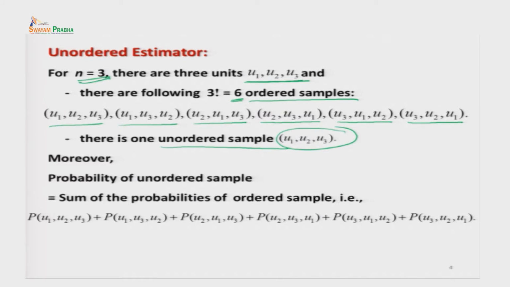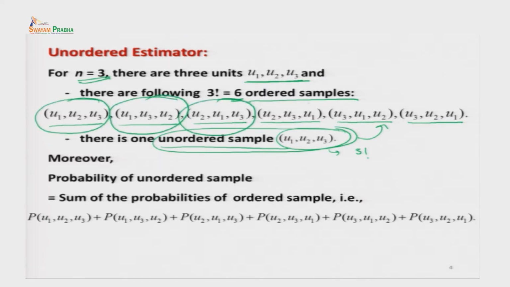So now you can see here that corresponding to one unordered sample of size 3, there are factorial 3 number of ordered samples. And in case you want to compute the probability of observing the unordered sample u1, u2, u3, this is going to be the probability of occurring of the first ordered sample, the second sample, the third sample, the fourth sample, the fifth sample, and the sixth sample, and this is what I have written here.